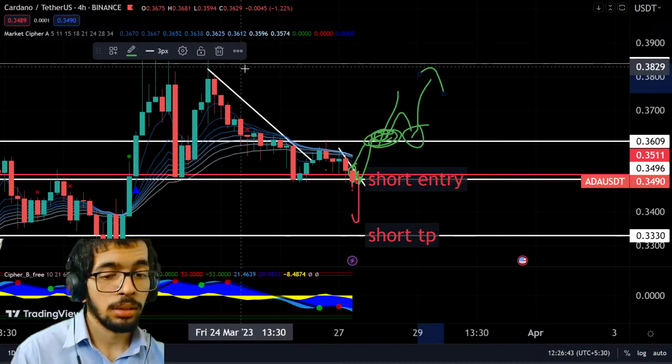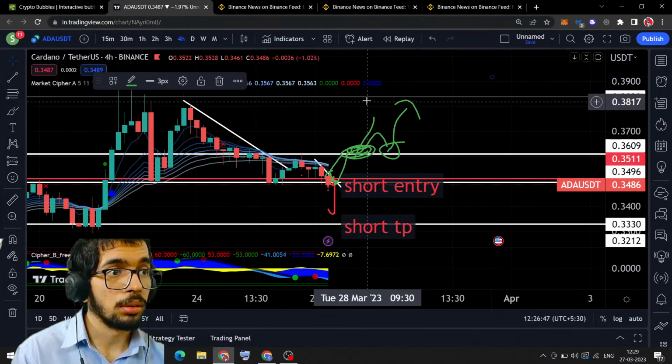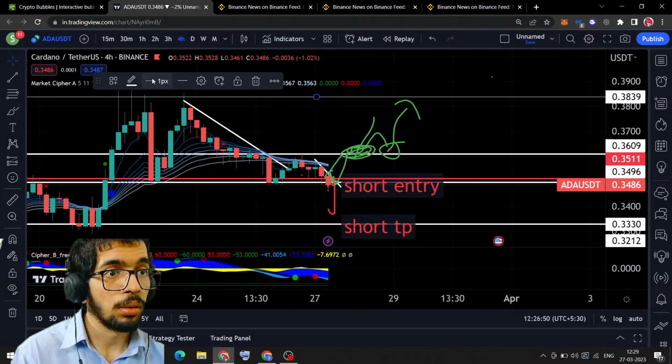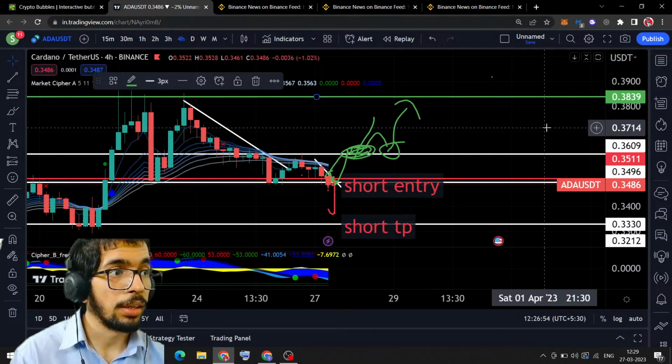and it's going to this range. I put it green, so I'll know that's your take profit.